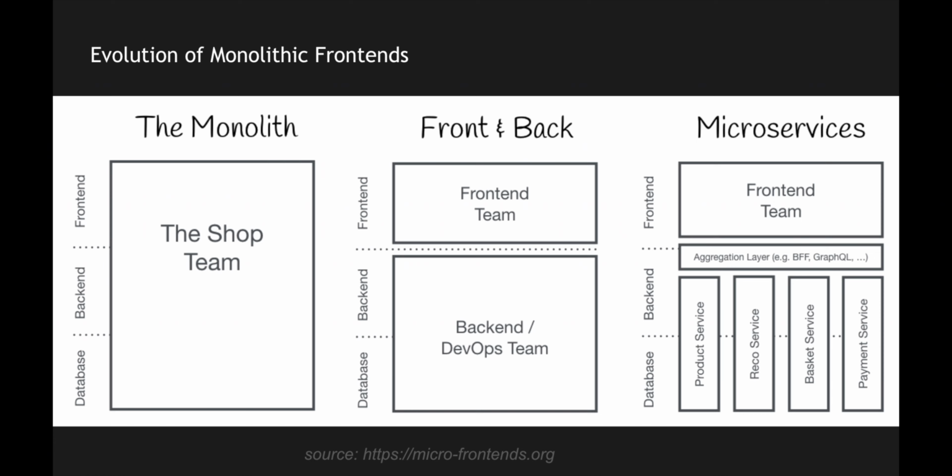From there, we evolved into something called as microservices, where the microservices architectures were more geared towards the backend part. So if you look at it, the difference between the front end and backend and the microservices is just specific to the backend, which got segregated in terms of domains. For example, here we have product, reco, basket, payment, all these are separate domains which are segregated as a separate microservice.